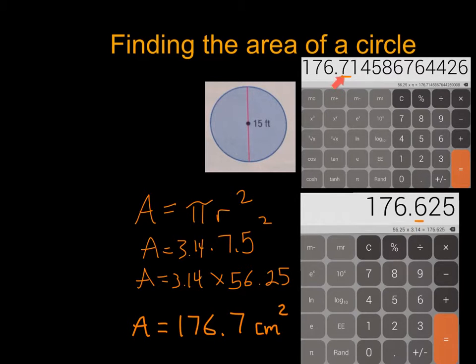If I round this to the tenth, I look to the next door neighbor from the tenths, and that would be 176.7, or 7 tenths. On this one, the next door neighbor is a 2, so I'm going to leave that the same. It'd be 176.6, or 6 tenths. When you're doing a quiz or a test, it'll tell you to either use the pi key or to use 3.14. But for your daily work, know that if you're 1/10 off, that's why.